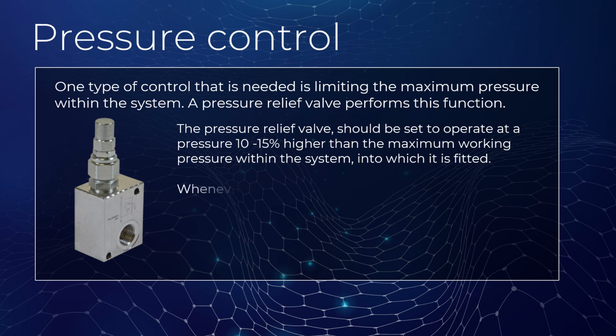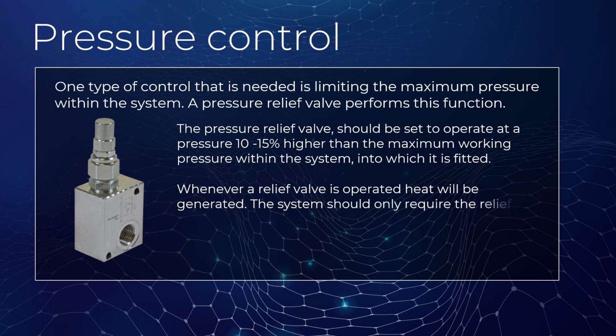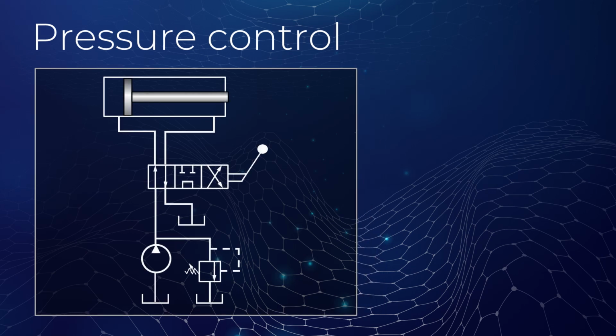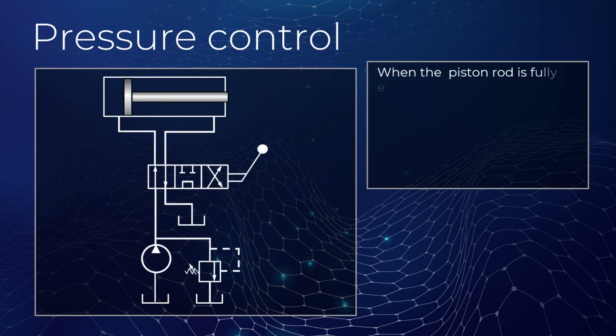Whenever a relief valve is operated, heat will be generated. The system should only require the relief valve to operate to protect the system and components within the system. When the piston rod is fully extended, the pressure increases to the setting of the pressure relief valve.